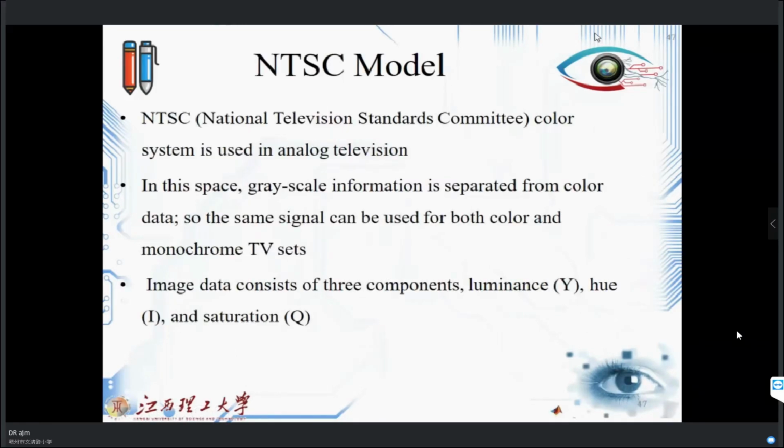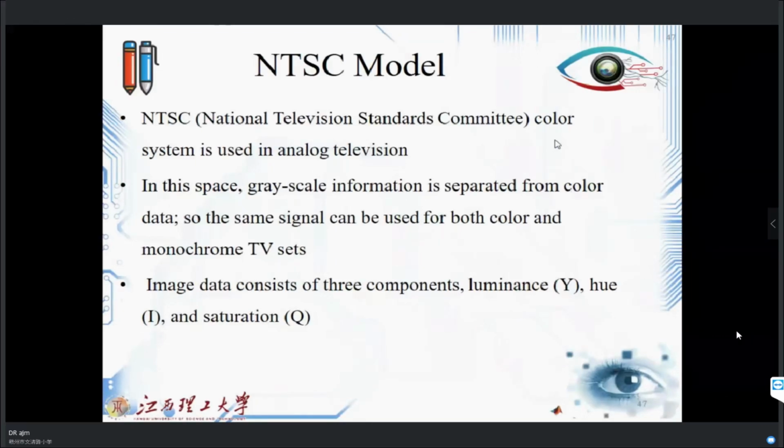The next model that we will see is NTSC, which stands for National Television Standard Committee. It's the color system which was used previously in analog television. That type of standard is no longer in use.